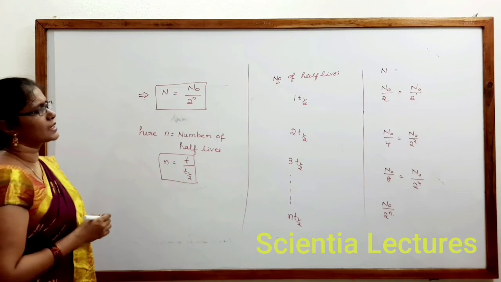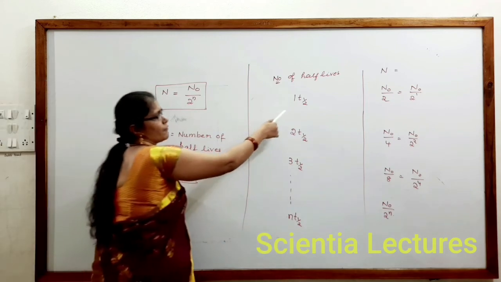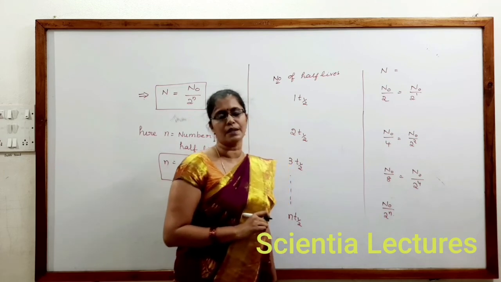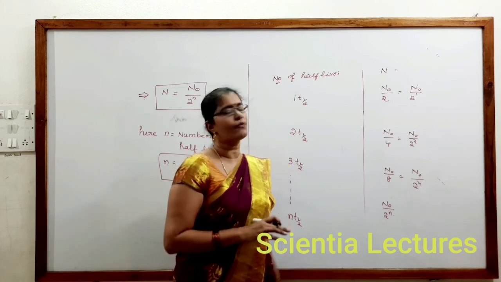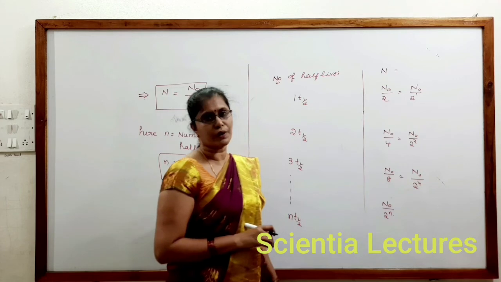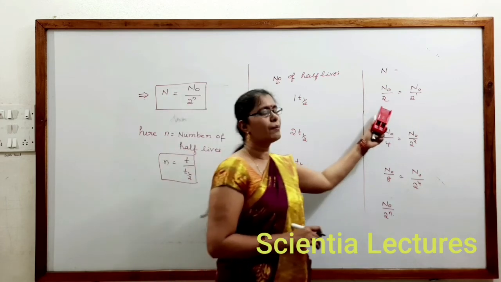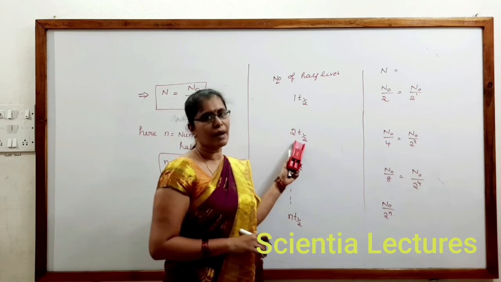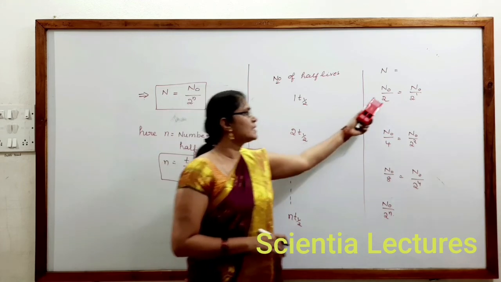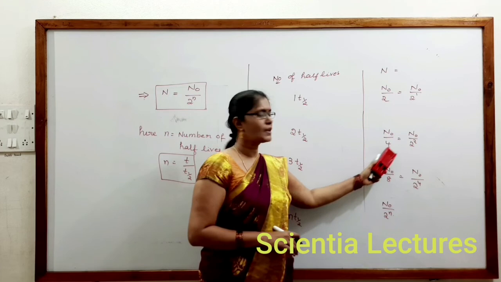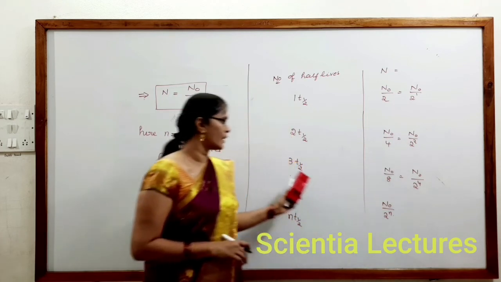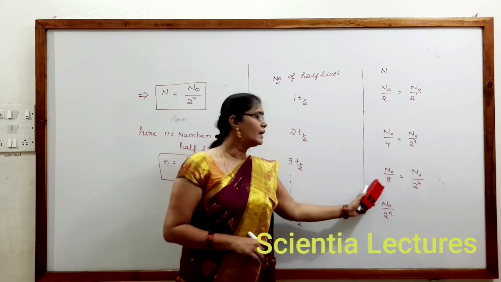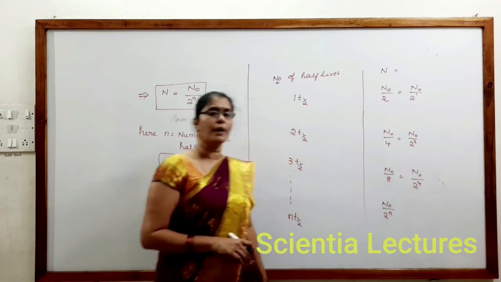So listen carefully. In the first T half, which means the time taken for half of the reaction to be completed, right? N indicates the remaining number of radioactive elements. What is the remaining number? N naught by 2. In the second T half, what is the remaining amount here? Half of this, N naught by 4, which is equal to N naught by 2 square. In the third T half, N naught by 8, which is equal to N naught by 2 power 4.